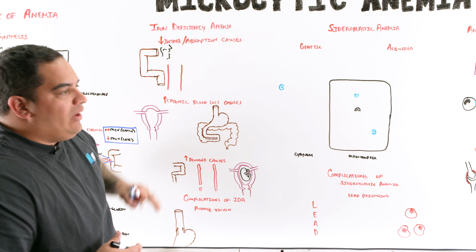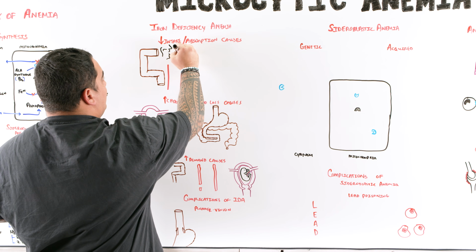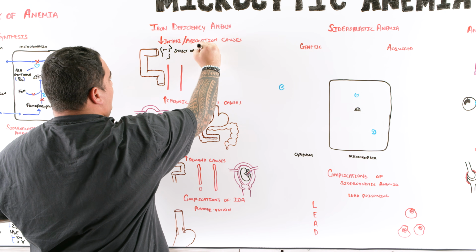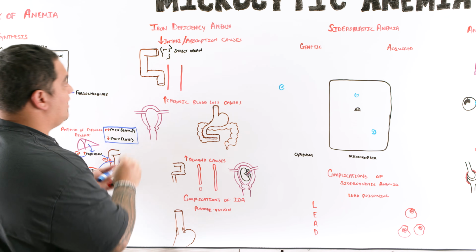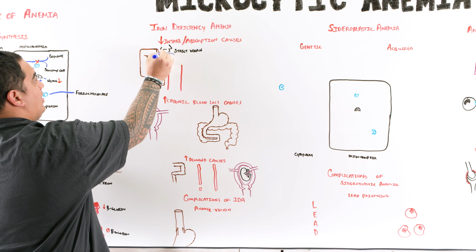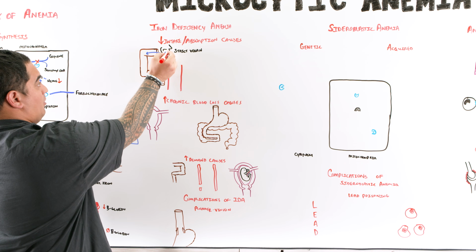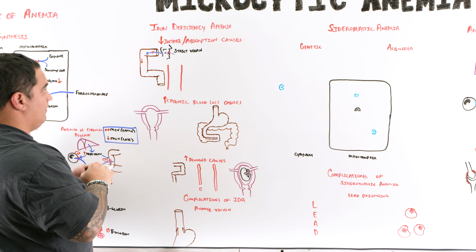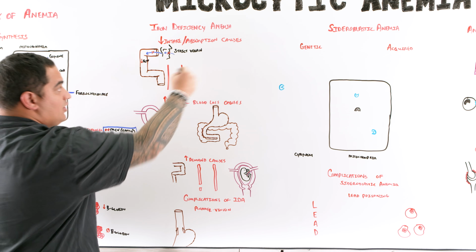So if we have a patient who is, let's just say, a strict vegan or vegetarian, they're not getting enough potential iron in their diet. And if that's their problem, it's this point of the GIT that's being impaired, the ability to bring iron into the GIT to hopefully be absorbed. So this part is being impaired, and that is the reason why there's less iron. There's less being taken into the GIT to be absorbed.